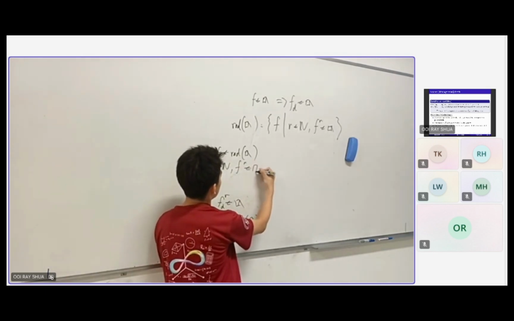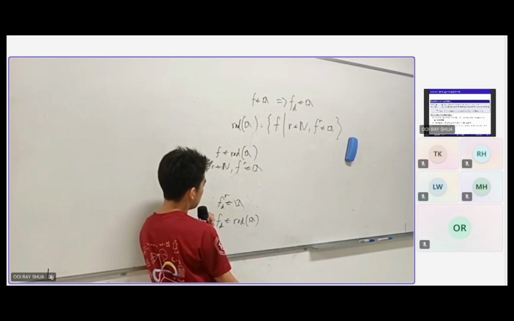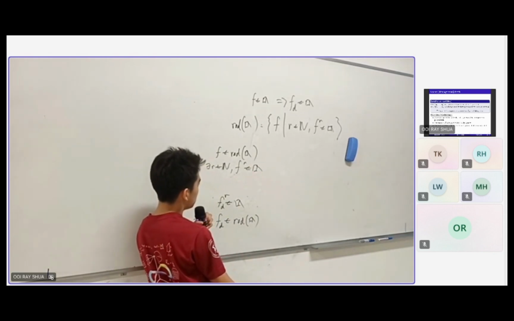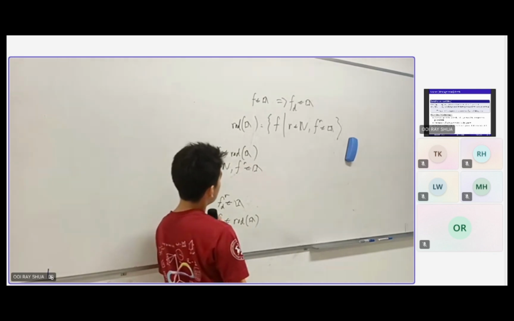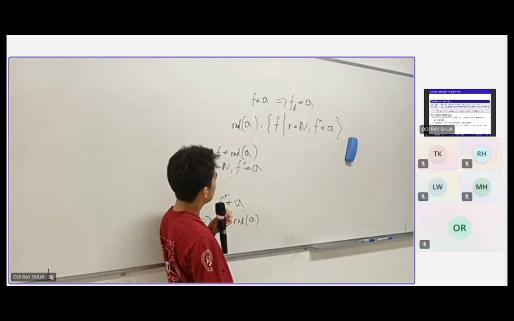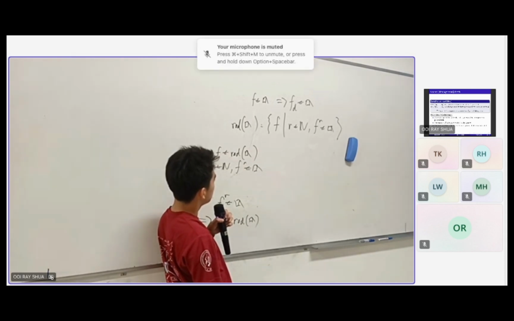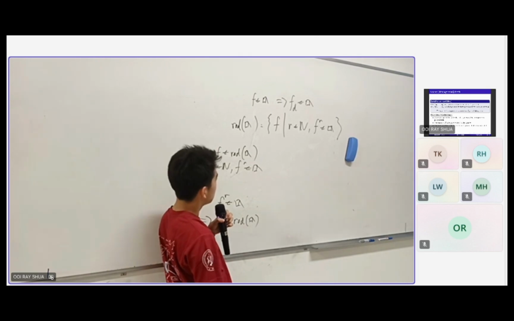Now they lead into the graded idea already, right? So somehow you should use the graded definition here. The trick is that if f has homogeneous components f1 to fd, let's say, then fi to the r will be a homogeneous component of f to the r, because you cannot get the same degree by taking any other factors.